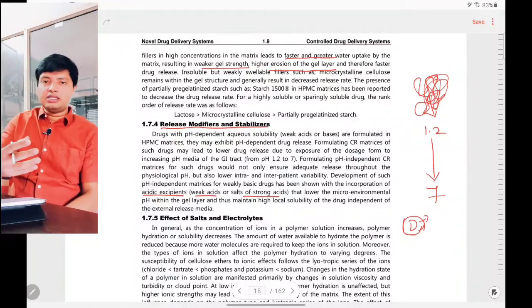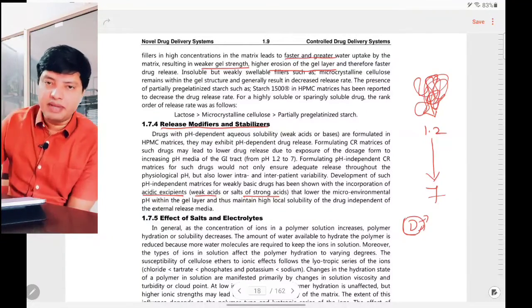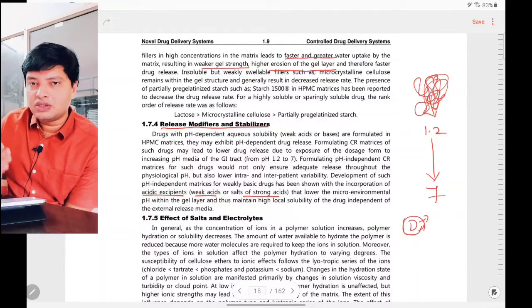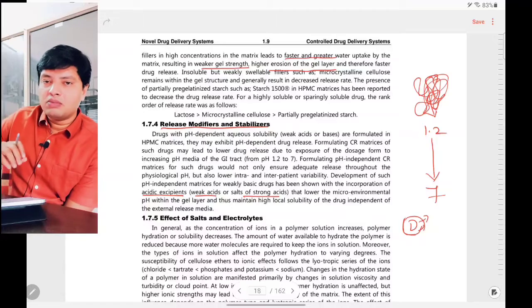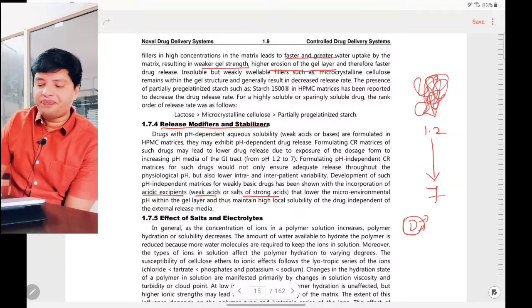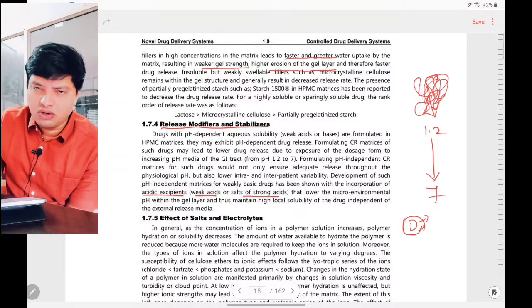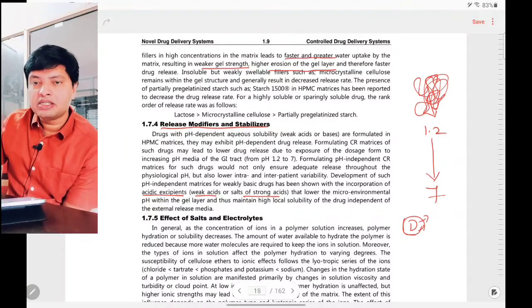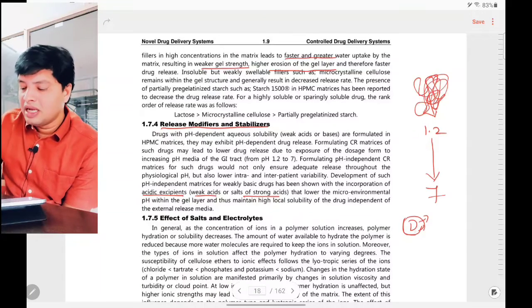Okay, or let's say if the drug is a base, in that case, if the drug is a basic drug and I use acidic excipients like weak acids or salts of strong acids, then the microenvironmental pH around the drug will always be acidic.